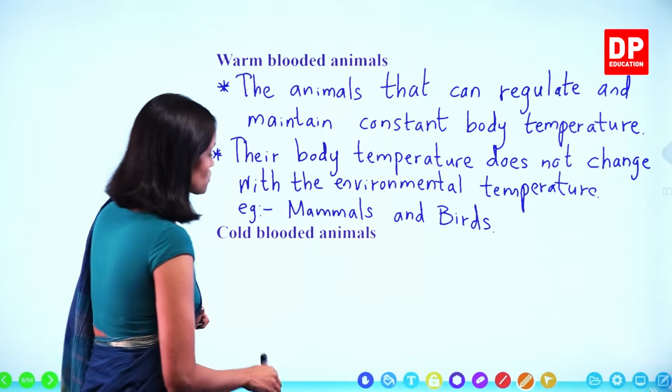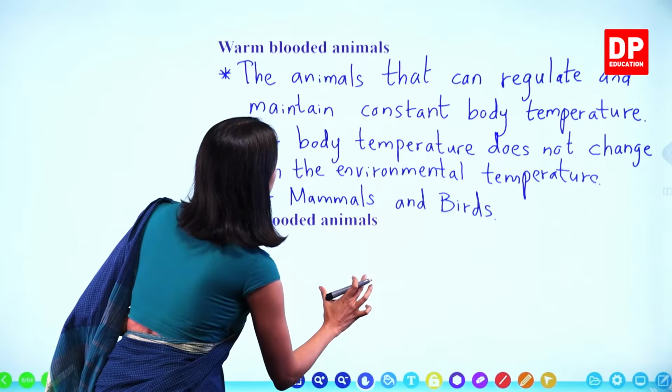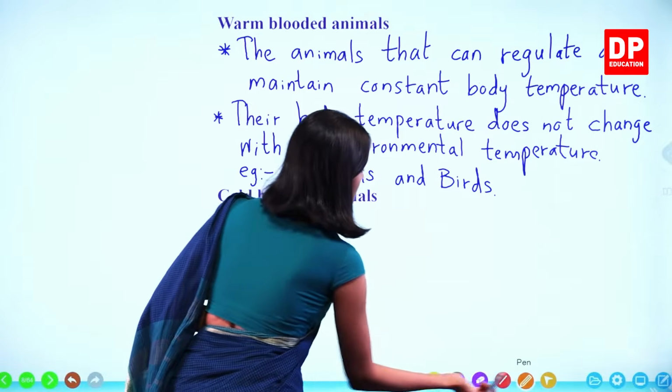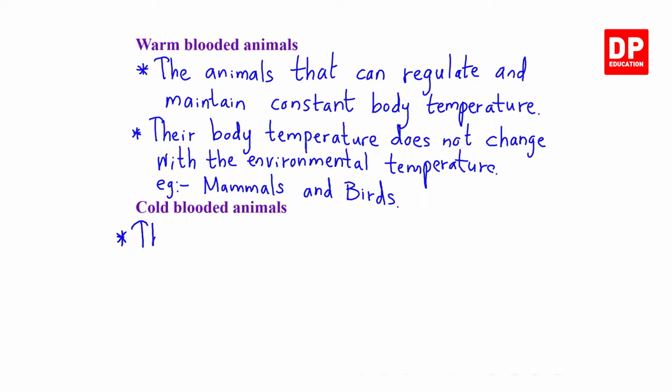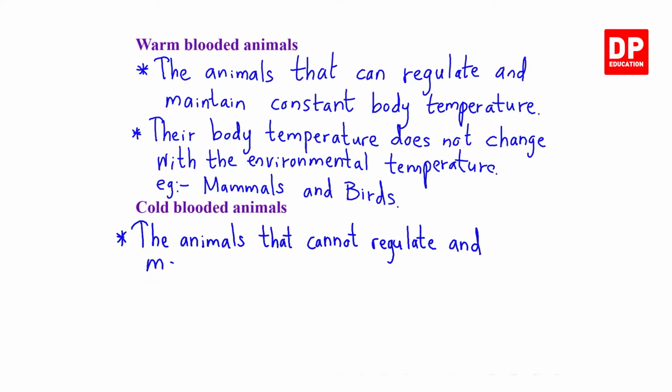Okay, let's write cold-blooded animals as well. Cold-blooded animals: the animals that cannot regulate and maintain constant body temperature.